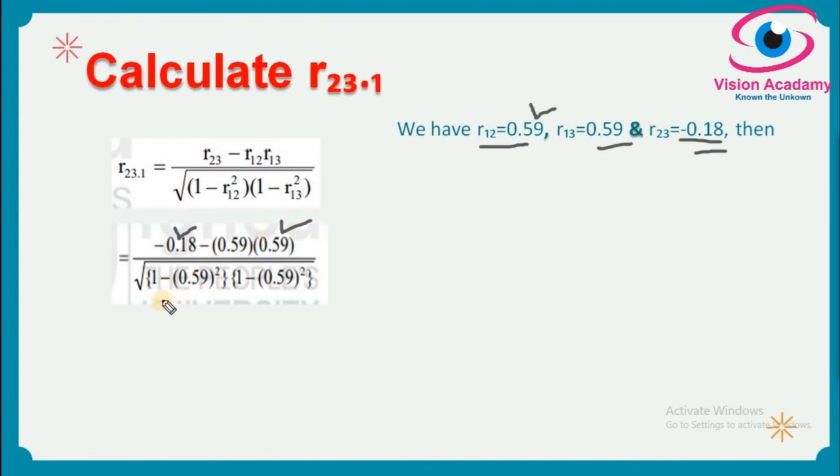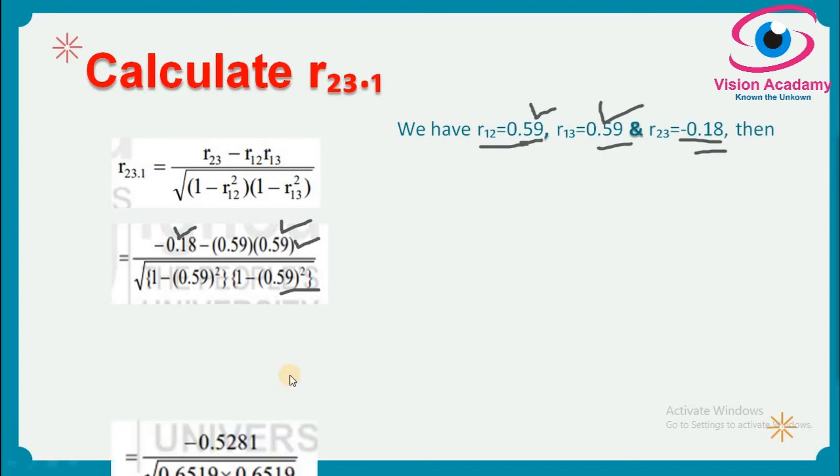Okay, in the denominator 1 minus R square, which means R12 square. R12 is 0.59 into square, 0.59 into 0.59. Here the R13 value is 0.59, and here also 0.59 into 0.59.